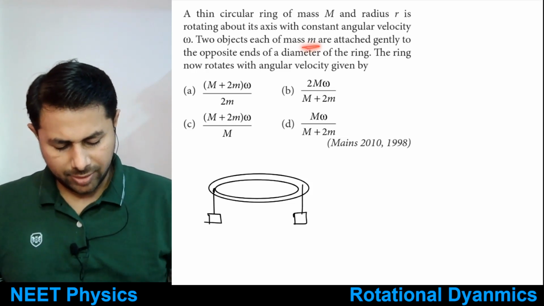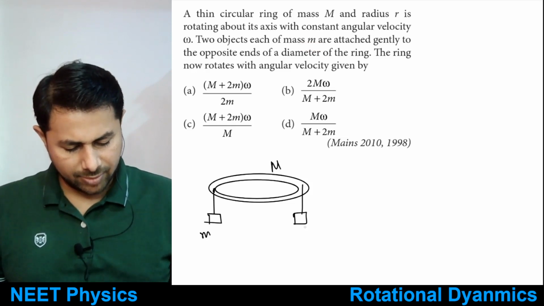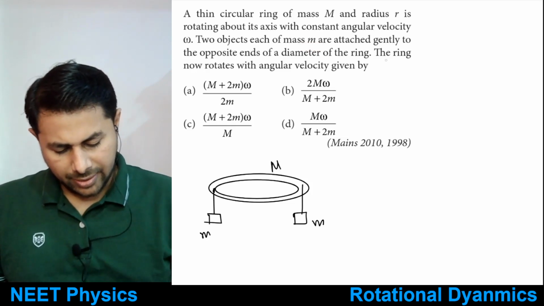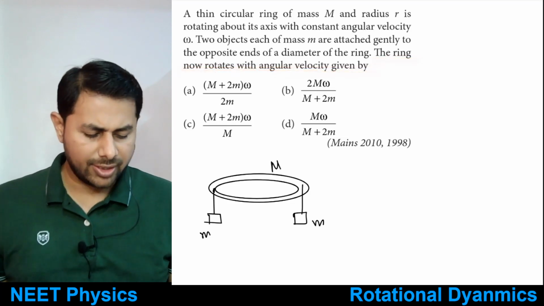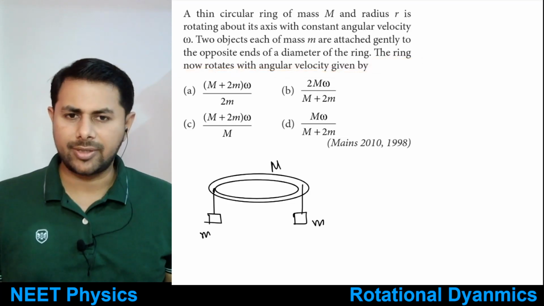So the mass of the ring is capital M, these masses are small m, and the ring now rotates with an angular velocity, again the same concept, right?